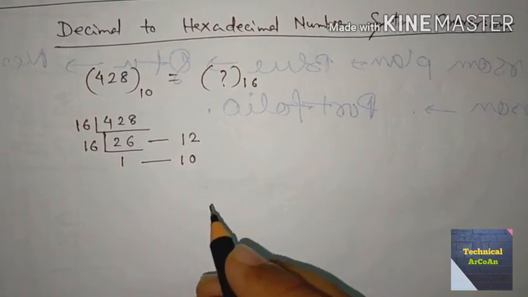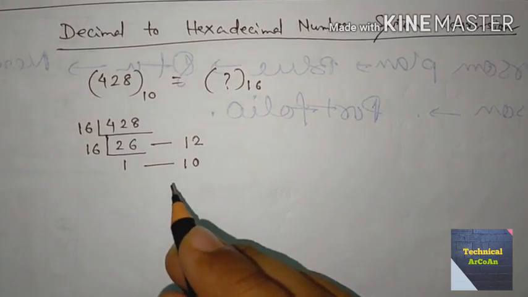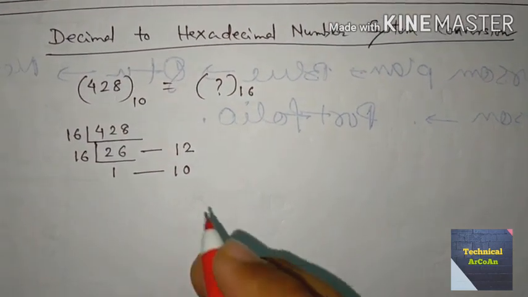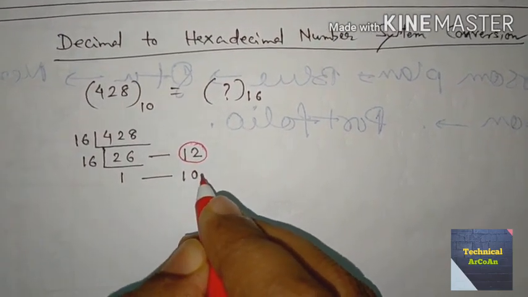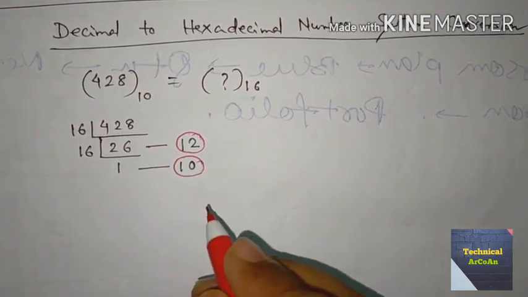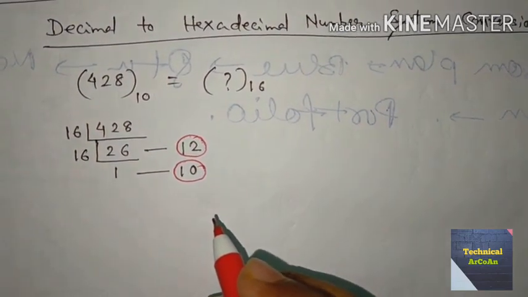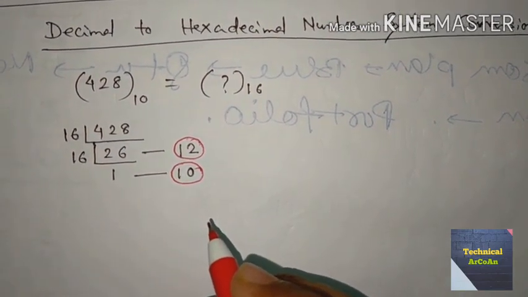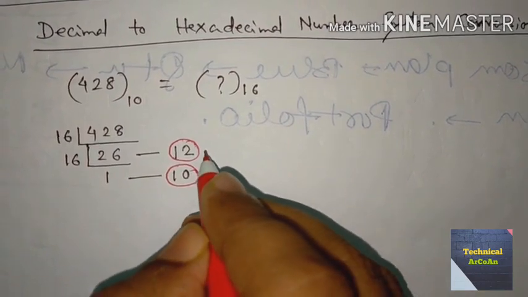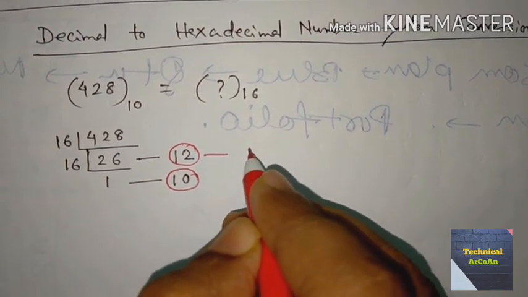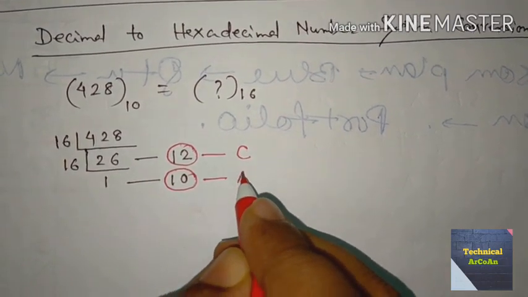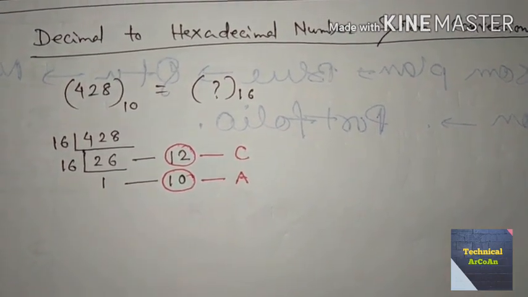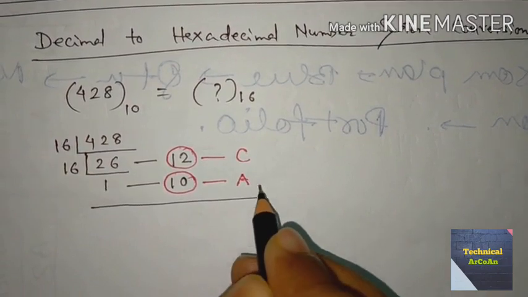Now this is the most important part for hexadecimal. Here the remainder is 12 and the other remainder is 10, but we never write 10 or 12 in the converted number. What do we write? The equivalent of 12 we know is C, and the equivalent of 10 is A. And we take this from bottom to top.